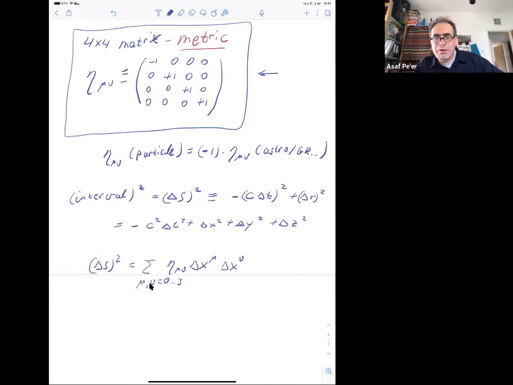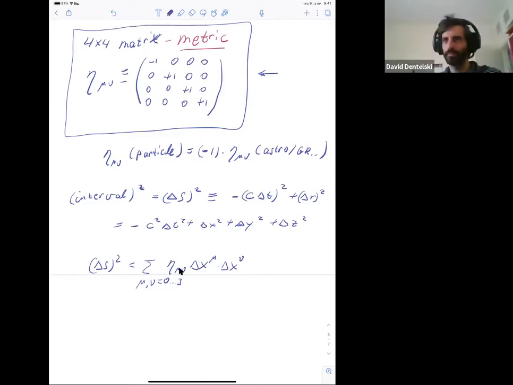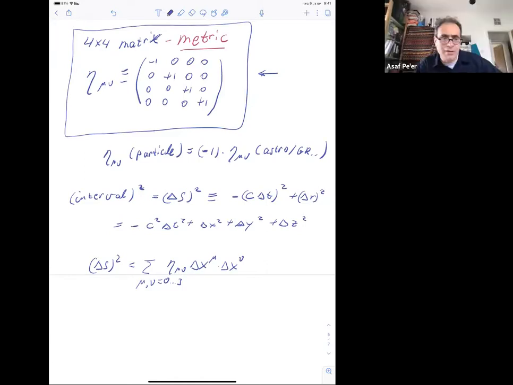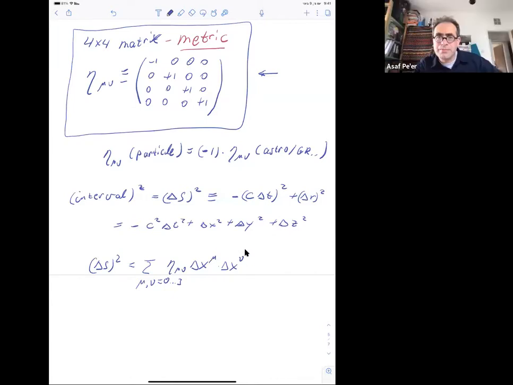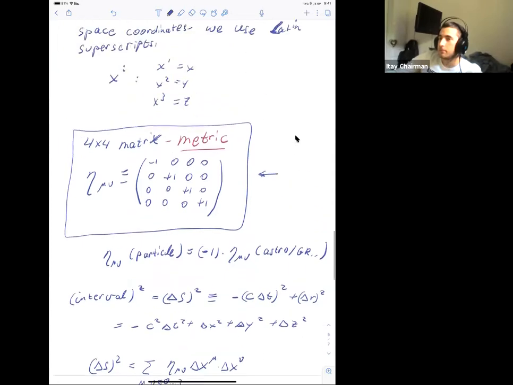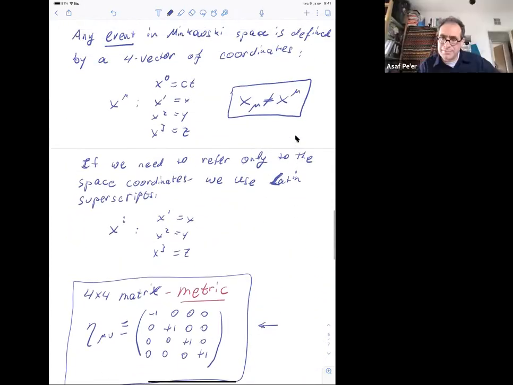Now, if mu and nu are equal to 0, 0, what is eta 0, 0? It's a -1. If you want to say something, make sure that your microphone is open so I can hear you. All right, it's a -1 times delta x 0, delta x 0. What is delta x 0? C delta t, right.